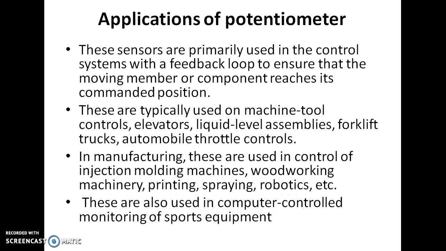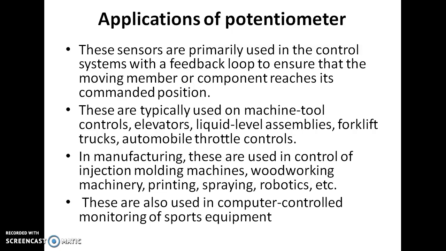Then, applications of the potentiometer. These sensors are primarily used in control systems with a feedback loop to ensure that the moving member or component reaches its command position. These are typically used on machine tool controls, like our lathe machine or shaper machine, where we have to control the speed of the tool or the position of the tool.